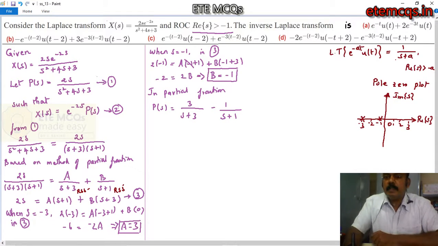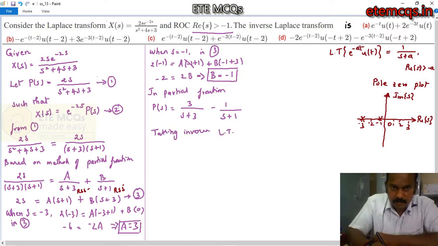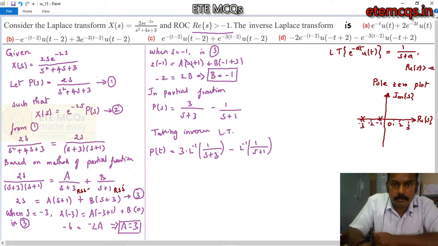Taking inverse Laplace transformation, P of s becomes P of t, which is equal to 3 times the Laplace inverse of 1 by s plus 3 minus the Laplace inverse of 1 by s plus 1.